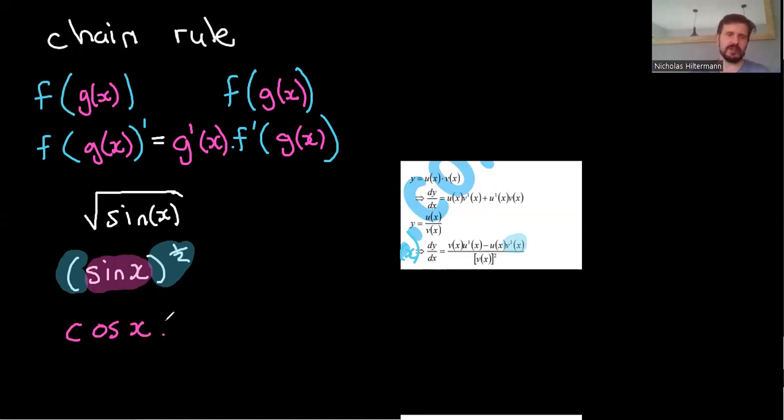Then we times that by the derivative of the outside. So imagine that we were trying to derive this light blue thing. Well, we times the exponent by the front, and we leave the sine x alone. And when we take one off this, we get minus a half. Okay, so that's how that would look.